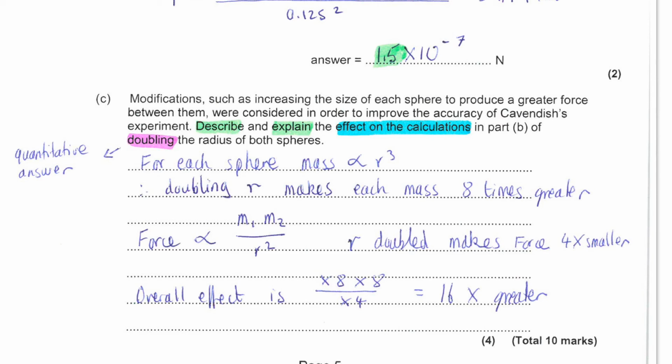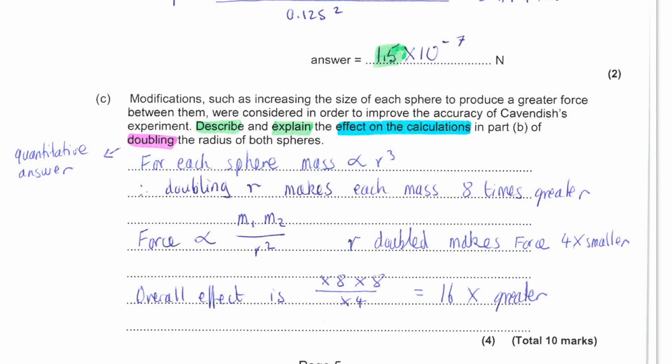Ultimately, you want to know the impact on the force, and the force is proportional to the product of the masses and inversely proportional to the radius squared. So we've already considered the impact on the mass of doubling the radius, but here we also have the radius appearing in the force equation. So doubling the radius here, since it's on the bottom of the fraction, would make the force 4 times smaller.